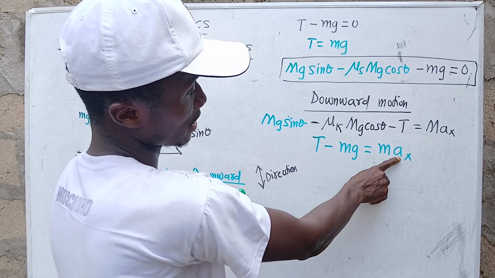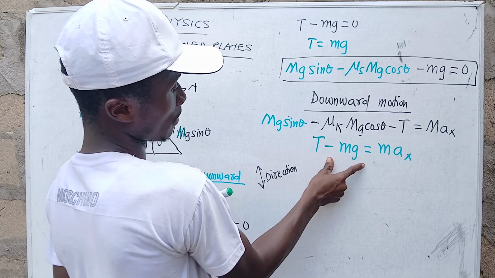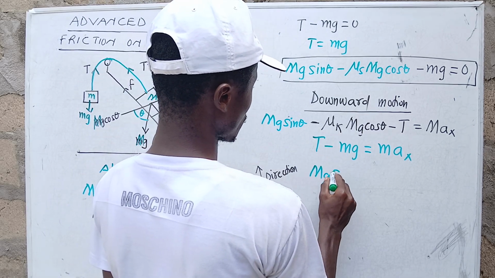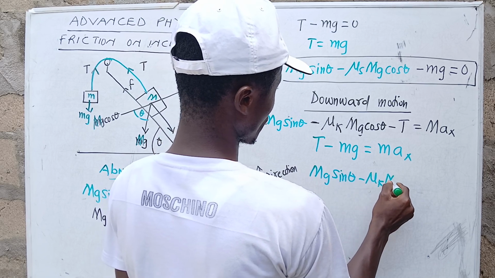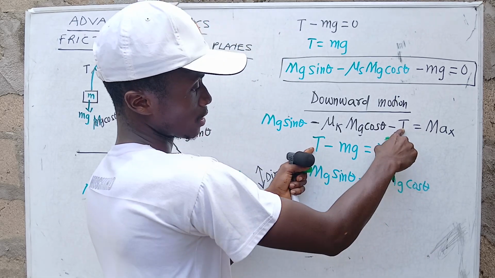With this, we can manipulate and get a_x, and manipulate and get T. If you want to get a_x, just add the two equations. This quantity plus this would give us Mg sine of theta minus mu k capital Mg cosine of theta. The T and the minus T add up to 0.